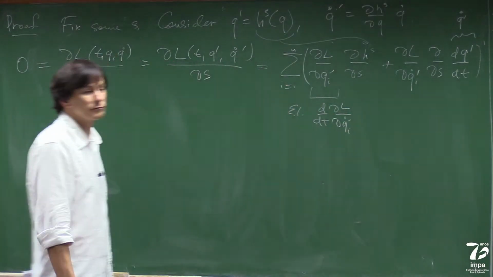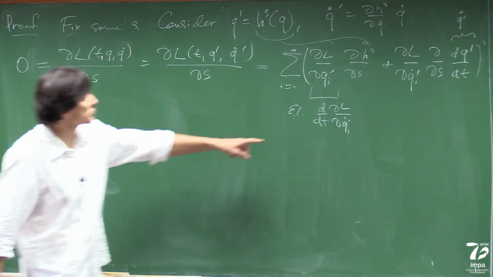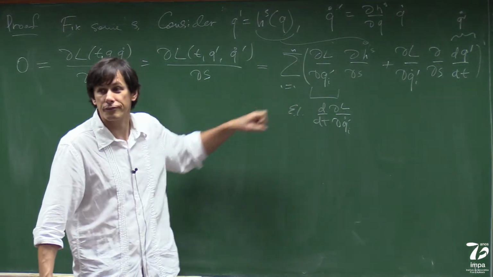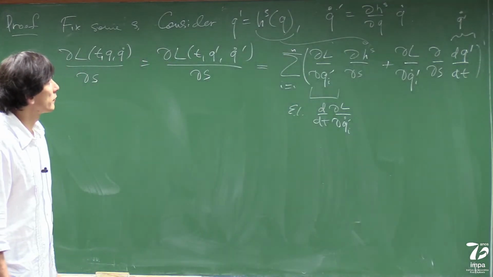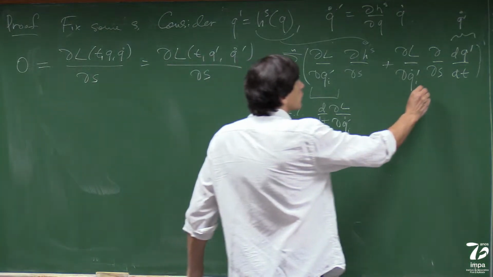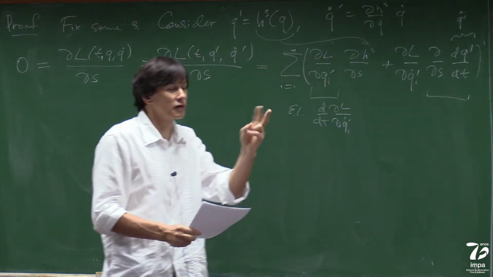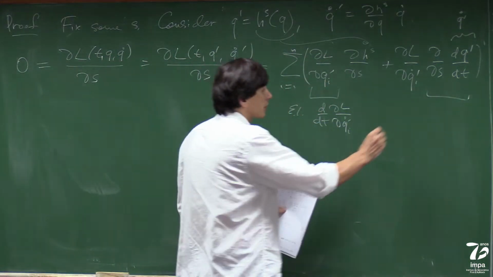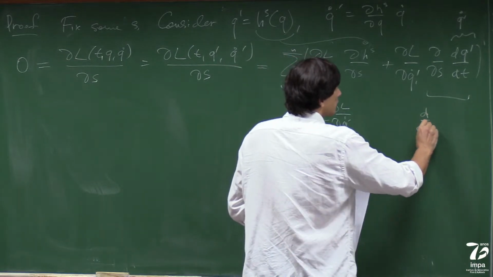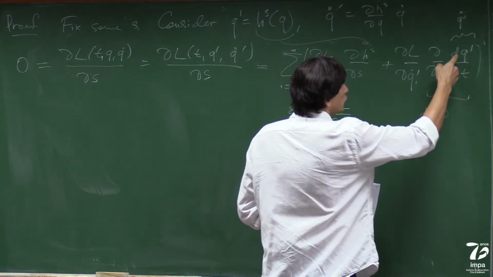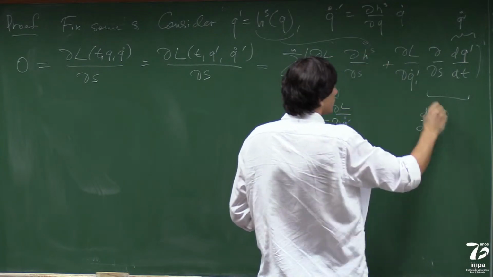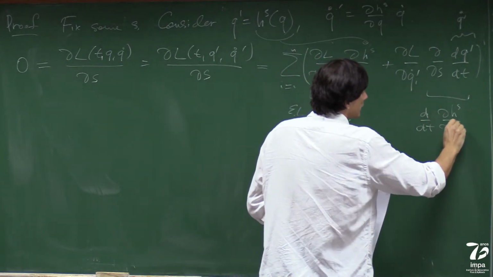Yes, this is correct. So by the Euler-Lagrange equation, this minus this is 0. Very good. And with this term, we can switch derivatives. Derivatives commute. So we can write d dt, dq prime, and q prime is hs ds.